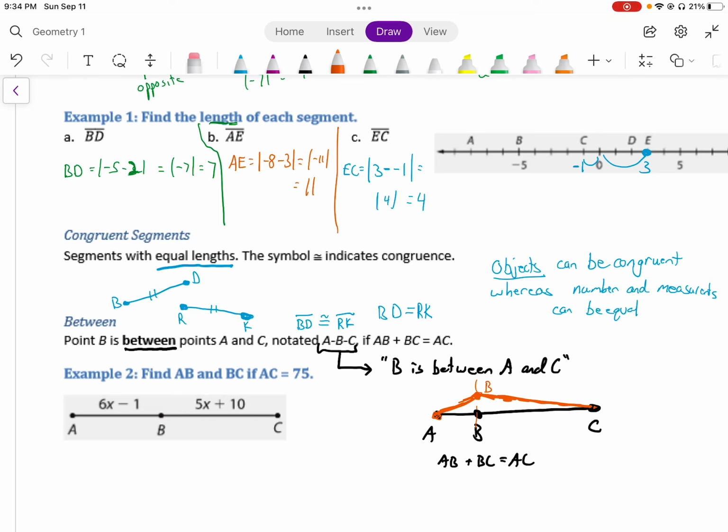So in this example 2, we're going to try to use this idea of between. It says find AB, so that's the length from A to B, and BC, which is the length from B to C, because there's no symbols above those, if AC is 75. So it's telling us this whole thing is 75.